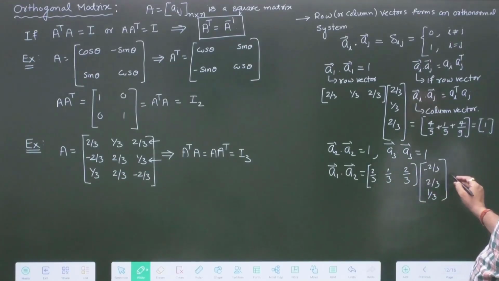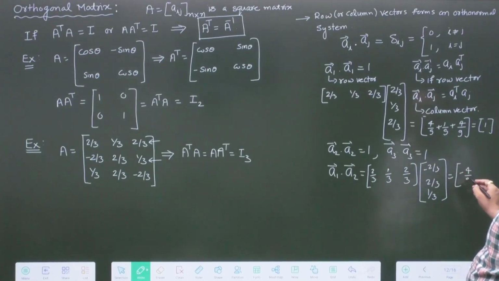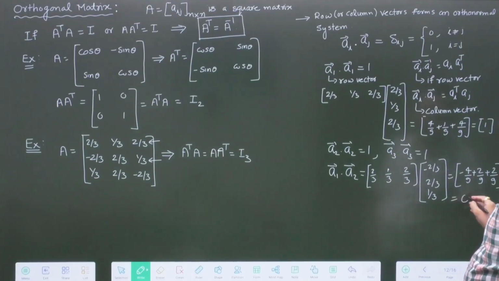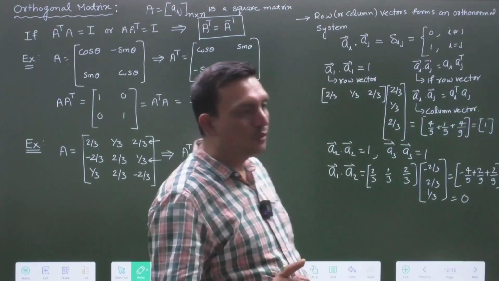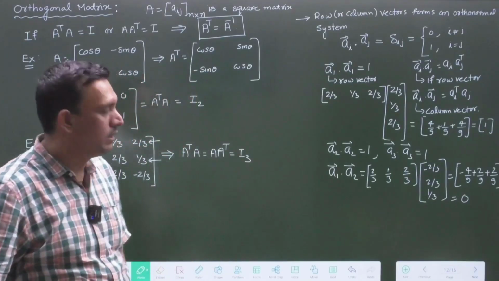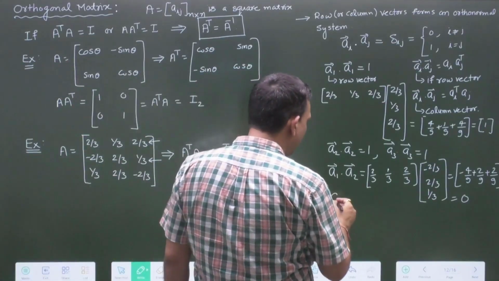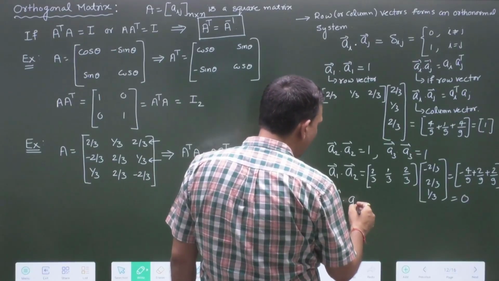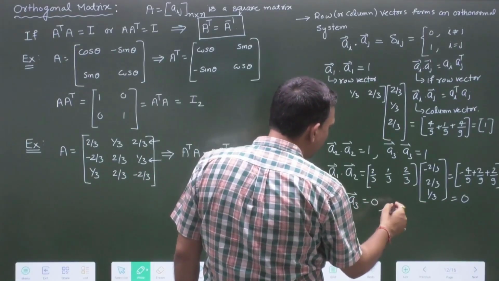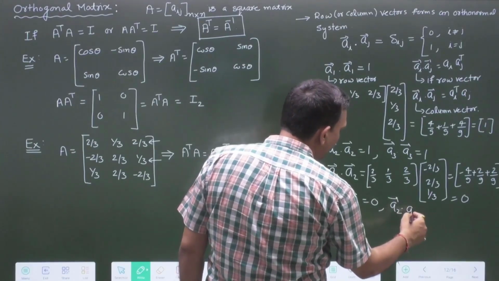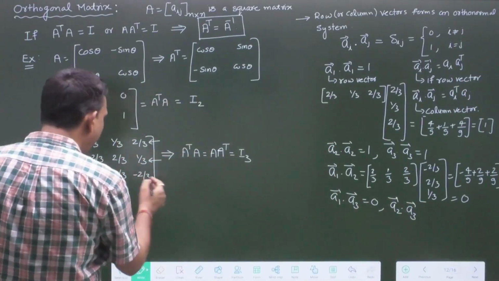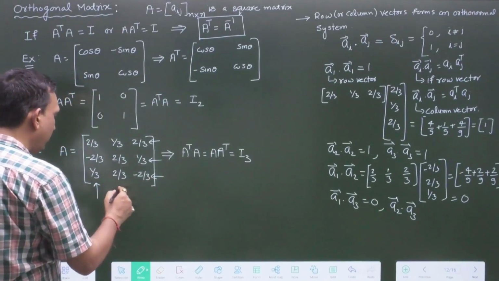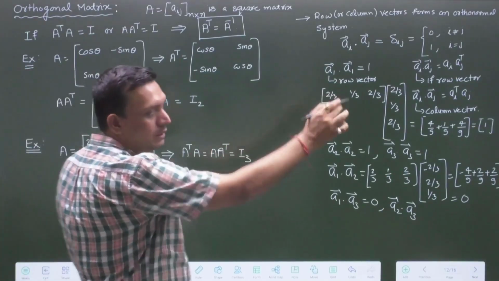So what do you get here? Minus 4 by 9 plus 2 by 9 plus 2 by 9. So this will give you 0. So in an orthogonal matrix, you can also satisfy this condition. Similarly for A1, A3, and also A2, A3. So whether you are taking row vectors or column vectors, they form the orthonormal system.